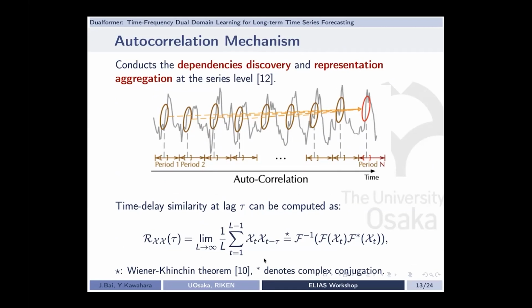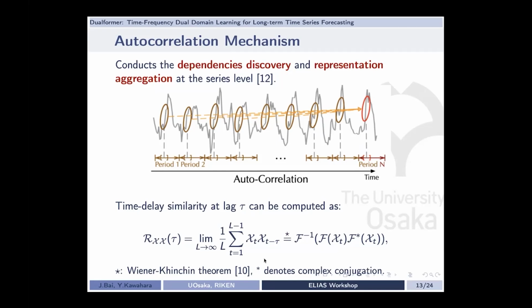Unlike the pointwise attention in the time domain, the autocorrelation mechanism here aims to conduct the dependencies discovery and the representation aggregation at the series level. As you can see in this illustration, it computes the similarities between different subseries.